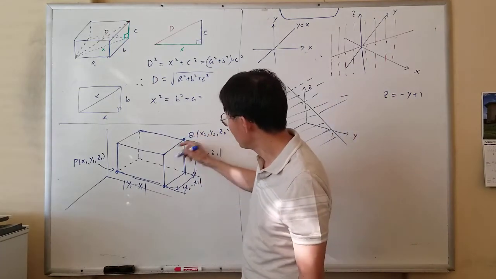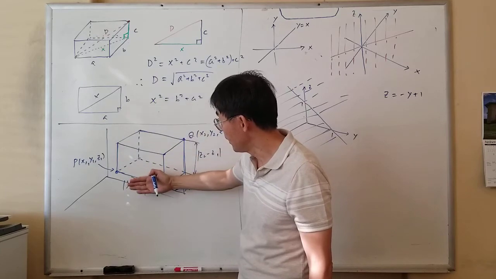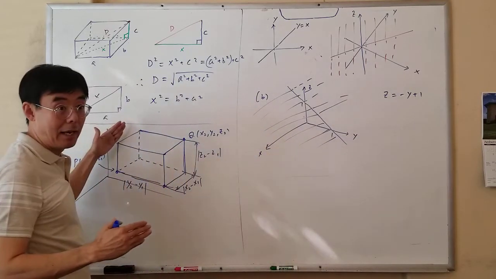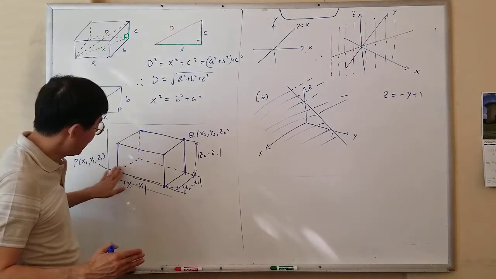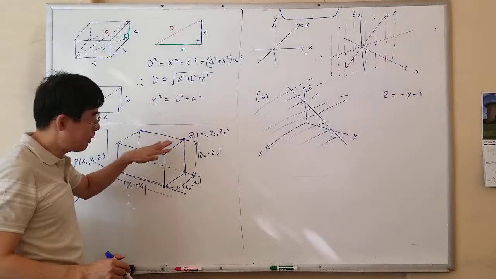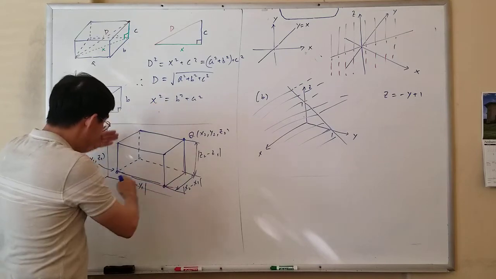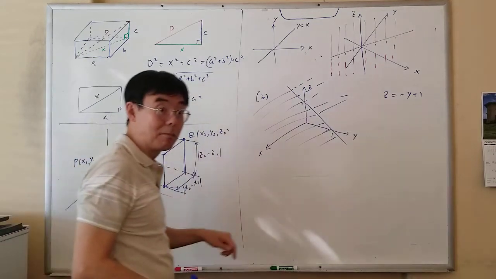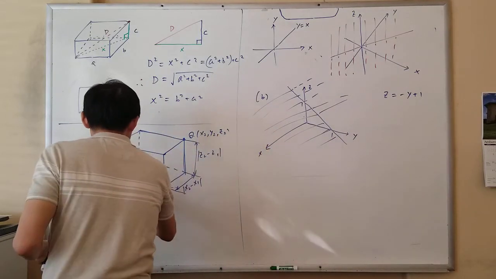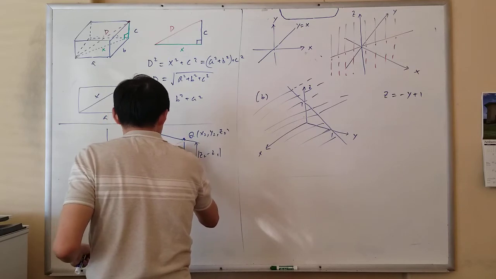So whenever you have 2 points in space, we can draw from these points a plane parallel to the YZ plane, a plane parallel to the XZ plane, and a plane parallel to the XY plane. Also 3 planes parallel to the 3 coordinate planes. Those 3 planes and these 3 planes will make a rectangular box. And then the distance between PQ is the distance between the points, right?